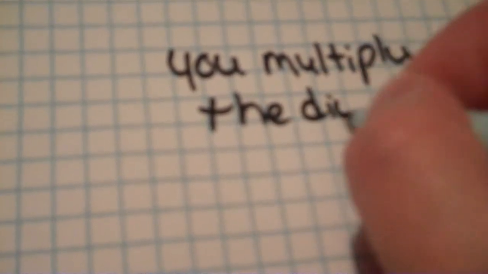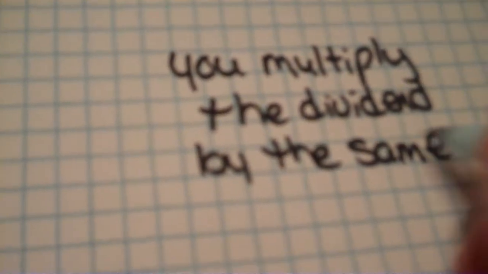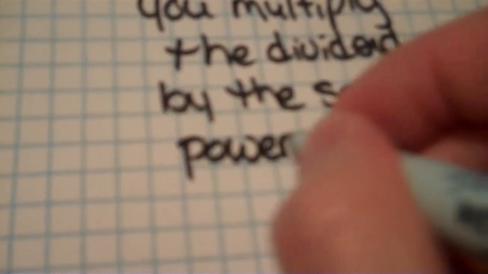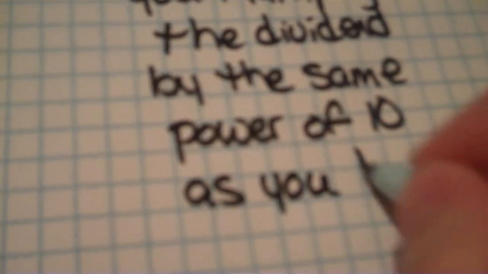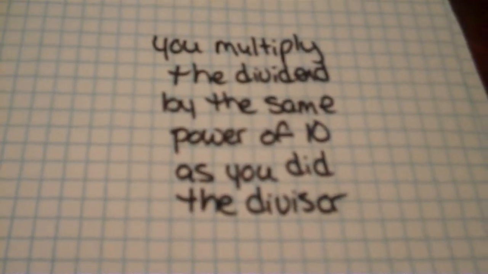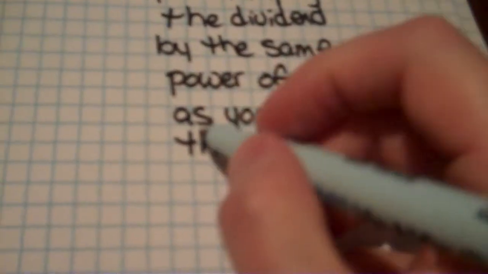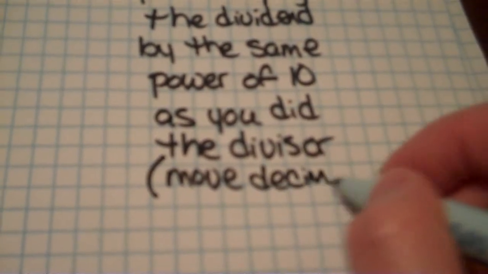You multiply the dividend by the same power of 10 as you did the divisor, or move the decimal point the same number of places.